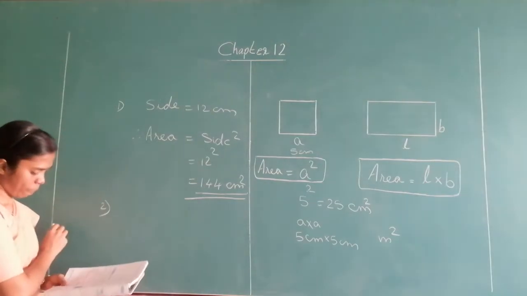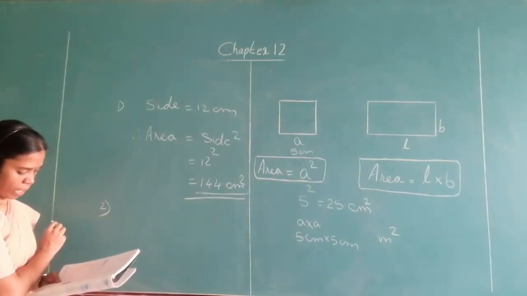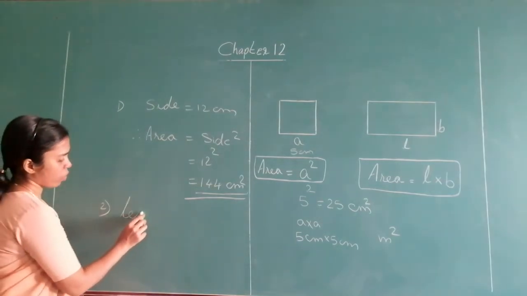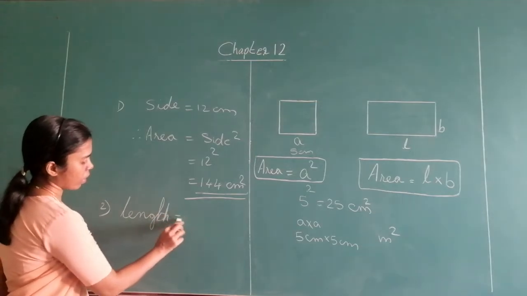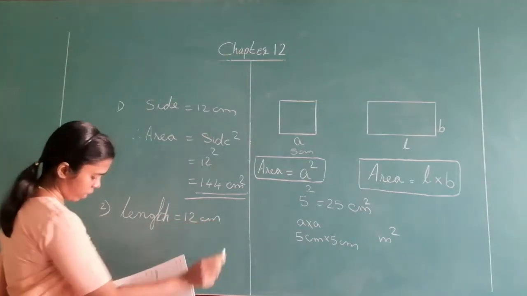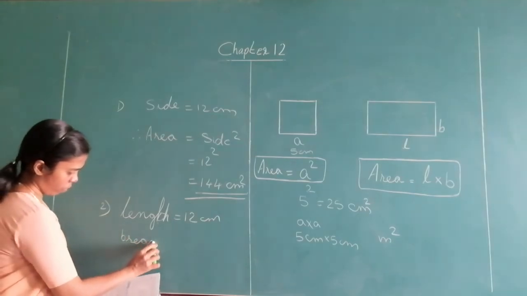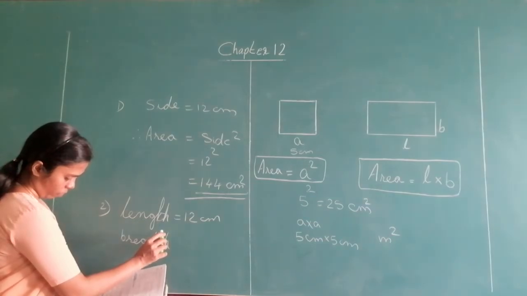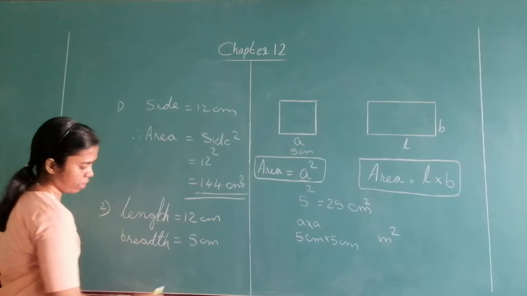Second one, please write the question. The length of a rectangle is 15 centimeter and the breadth is 5 centimeter. So you write: length is equal to 15 centimeter and breadth is given as 5 centimeter.